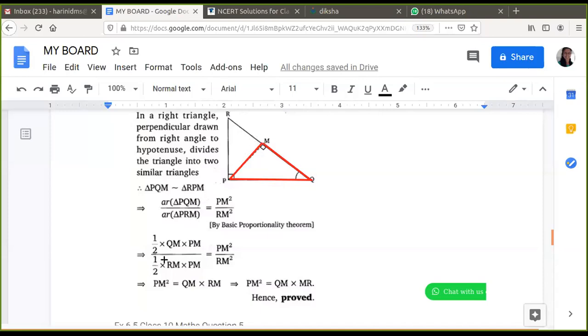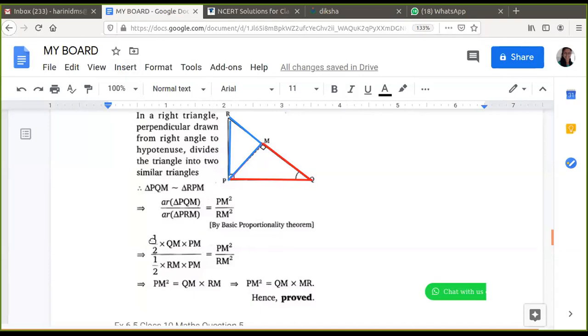So you substitute there half, base is RM. This is the side RM. Maybe I can show it to you in another color. So this is the base for that triangle and this is the altitude. For the 2 triangles there, I just substitute half base into height and then see how this equation can be rearranged to get what I want.